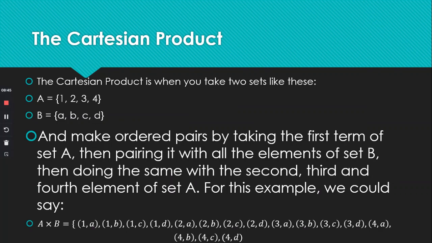The Cartesian product. When you take two sets like A and B from before, 1, 2, 3, 4, and a, b, c, d, you make ordered pairs by taking the first term of set A, pairing it with all the elements of set B, and doing the same with the second, third, and fourth elements of set A. For this example, A times B is equal to (1, a), (1, b), (1, c), (1, d), (2, a), (2, b), (2, c), (2, d), (3, a), (3, b), (3, c), (3, d), (4, a), (4, b), (4, c), and (4, d).